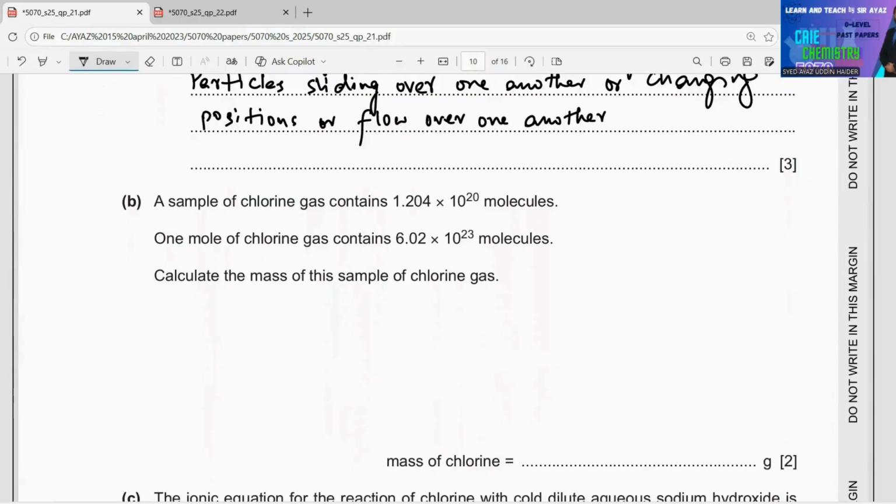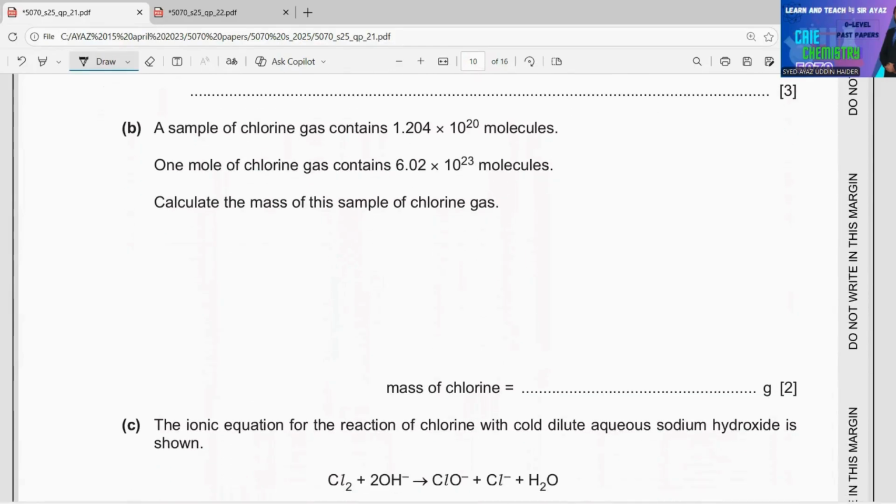Part B. A sample of chlorine gas contains 1.204 into 10 raised to power 20 molecules. 1 mole of chlorine gas contains 6.02 into 10 raised to power 23 molecules. Calculate the mass of this sample of chlorine gas. So for this we need to calculate the moles.